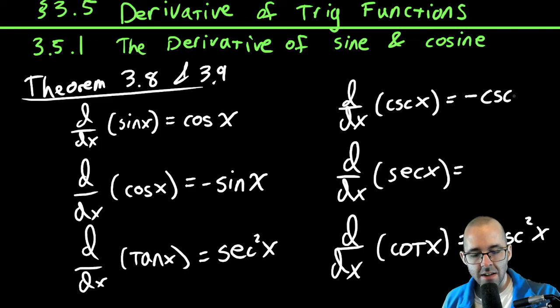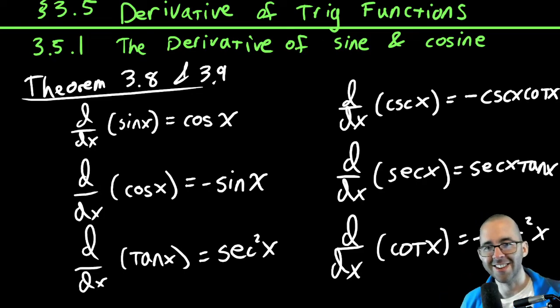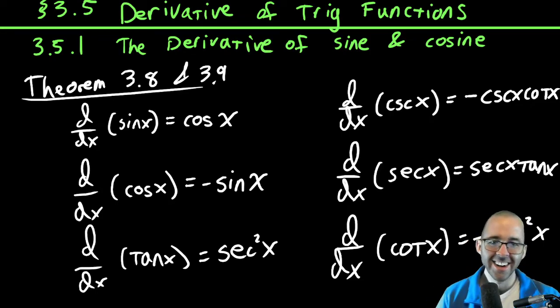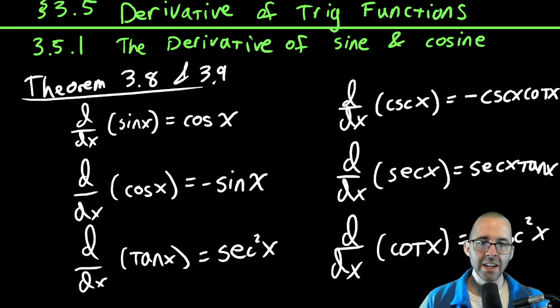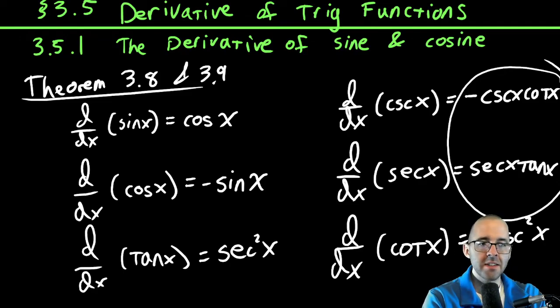It's negative cosecant x cotangent x. Pretty sure. I actually haven't done these for a really long time. I'm pretty sure this is right, though. All right. So again, cosecant and secant have very similar derivatives. Just the co ones have a negative derivative, right?